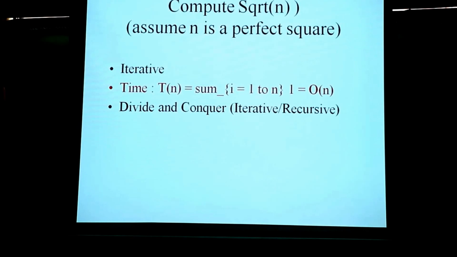Here, what argument do you need to prove the correctness? What argument do you need to claim that if this is less than n, then the square root cannot lie in this?